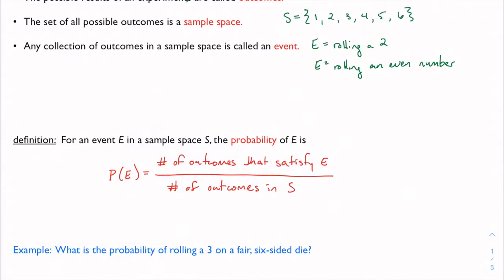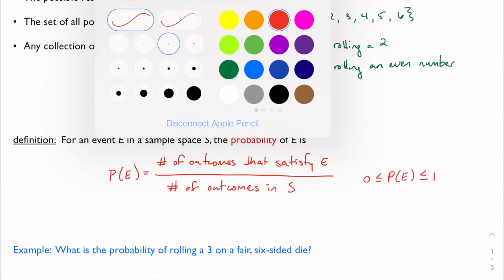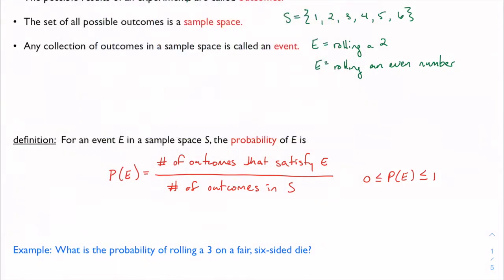And of course, because this is a fraction and we're counting things, my probability has to be somewhere between 0 and 1. If my probability is 0, then we call this event impossible. So if I have my 6-sided die, I couldn't possibly roll a 7 with one single die.